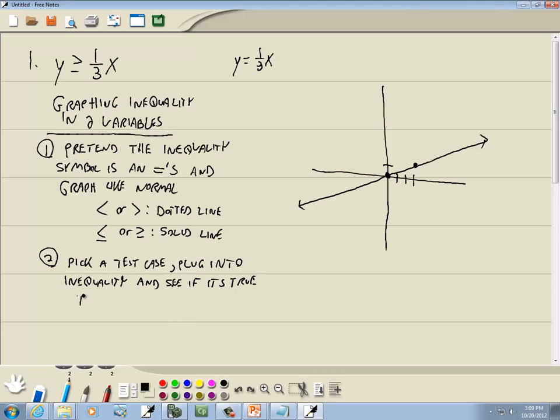If it's true, then shade where the point is. And if it's false, shade the other side.